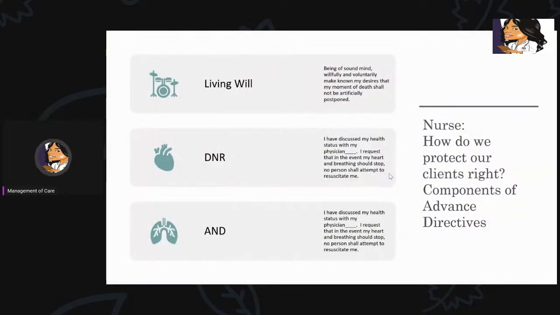Now, there are different components of advance directives. We protect our clients with advance directives. This is a living will. I put a little example here so you can understand the difference between all three. So, living will.